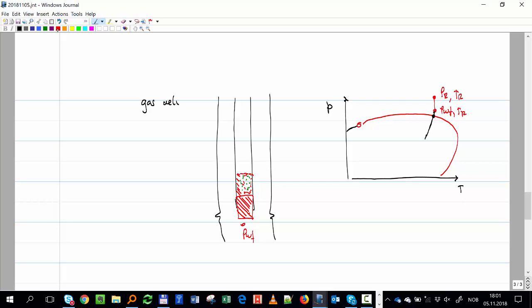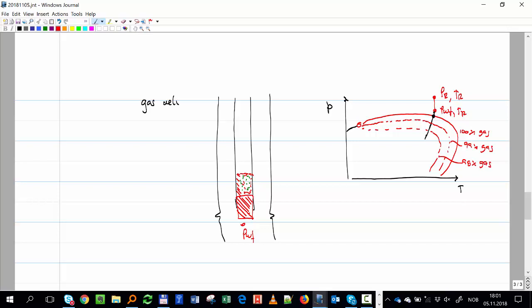If you remember, there are some lines here that are iso-quality lines. Let's say this is 100% gas, this will be 99% gas, and this will be 98% gas.